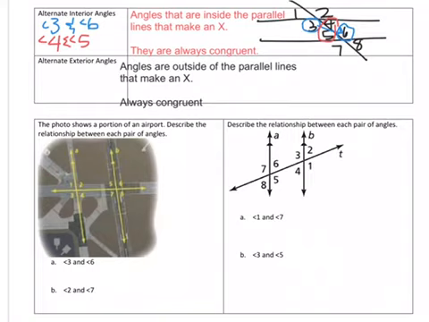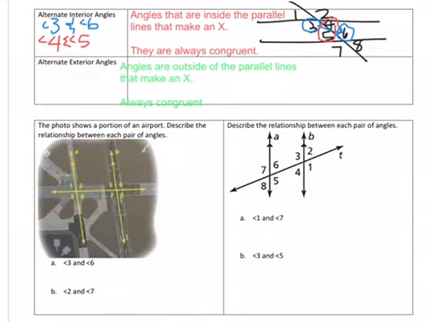So when we're talking about these, I'm going to change my colors so you can see them a little easier, but we have that angle 1 and angle 8 make a large X. They're on the opposite side of the transversal. That means alternate. That's why we call it alternate exterior angles, and they're the exact same angle. So we have angle 1 and angle 8.